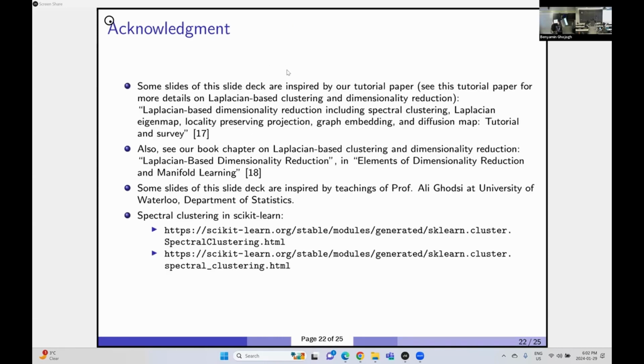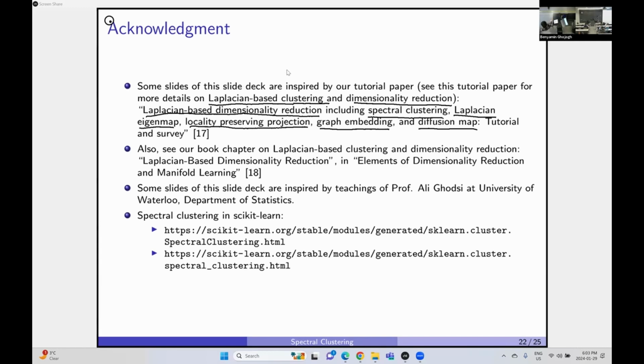Okay, acknowledgement. Some slides of this slide deck are inspired by our tutorial paper. See our tutorial paper for more details on Laplacian-based clustering and dimensionality reduction. This tutorial paper covers a lot of methods which use Laplacian in them. Laplacian-based dimensionality reduction, including spectral clustering, Laplacian eigenmap, locality preserving projection, graph embedding, and diffusion map. Okay, all of these use Laplacian. This is for more interested students.